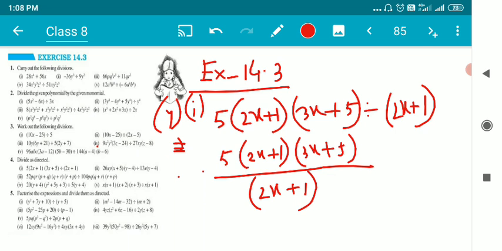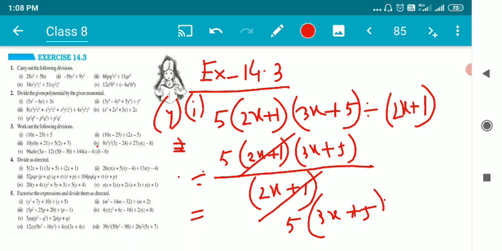within the bracket. Now children, as we can see here, this 2x plus 1 and 2x plus 1 are both present in the numerator as well as in the denominator. So this 2x plus 1 and this 2x plus 1 can be cancelled. Finally, I have got 5 into (3x plus 5).